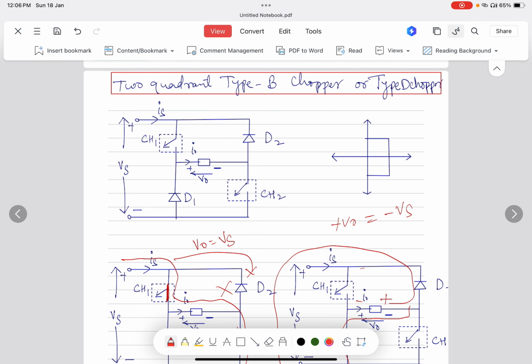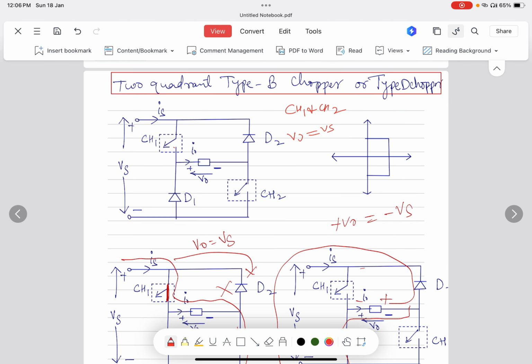As you can see in the diagram here, it has two choppers CH1 and CH2 and two diodes with the load connected in between them. The first condition is when CH1 and CH2, that means both the choppers, are on, then the output voltage is equal to the supply voltage.